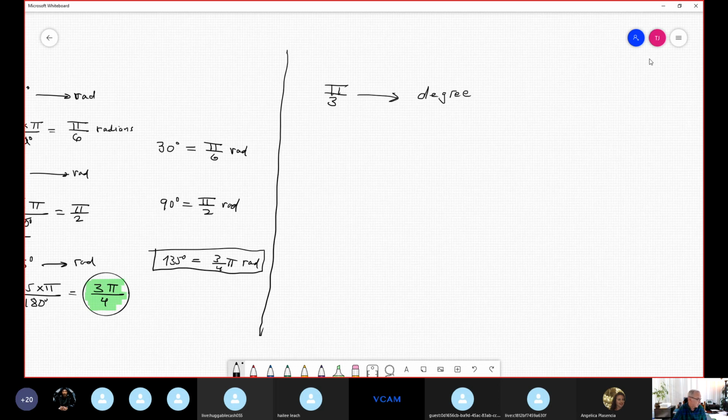Well, the formula is clear. It is multiplied by 180 and divided by pi. So I put pi over 3, multiplied by 180, and divided by pi. It's obvious that this pi cancels out, and 180 divided by 3 is 60. Conclusion, 60 degree is equal to pi over 3 radian.